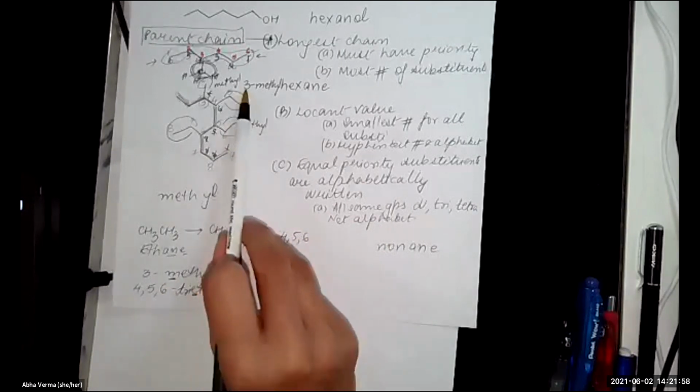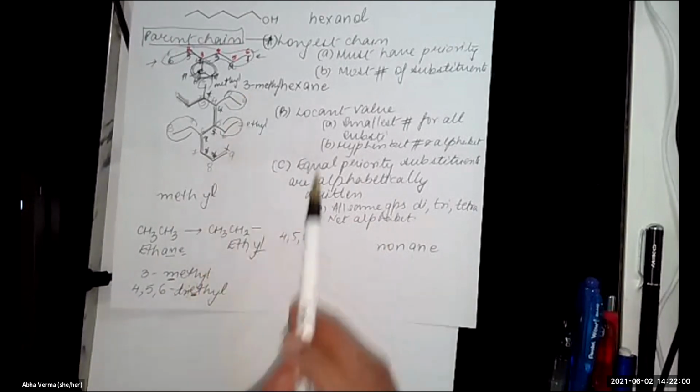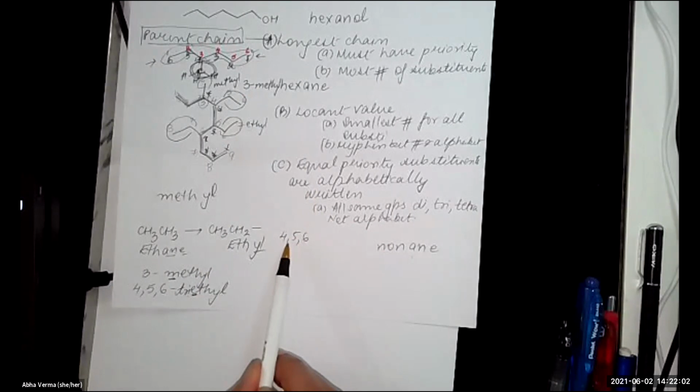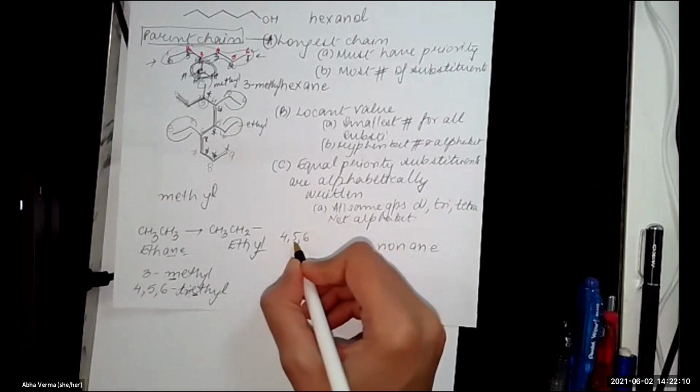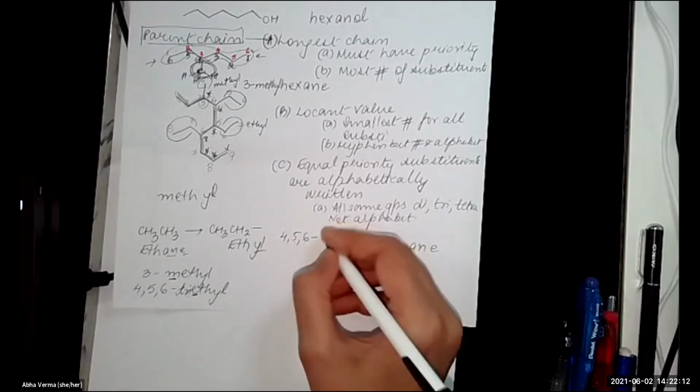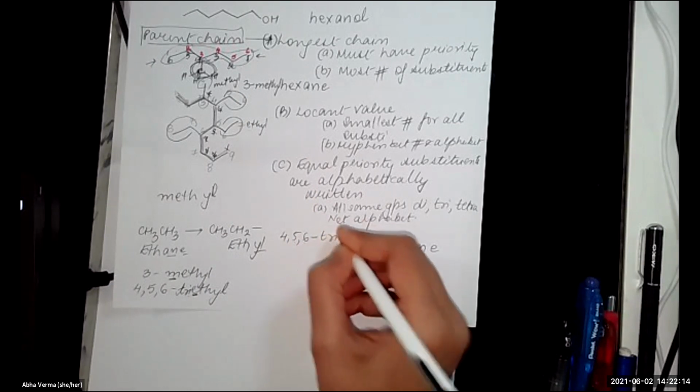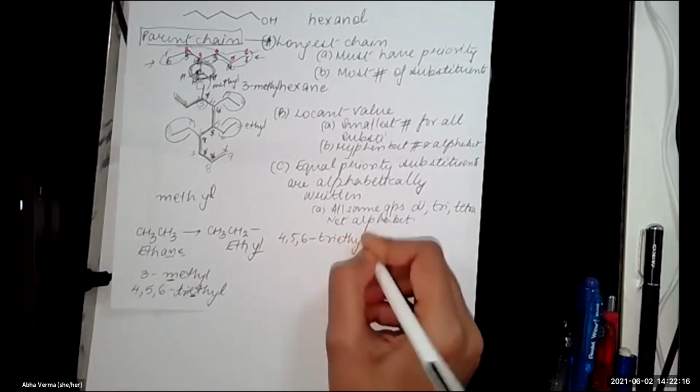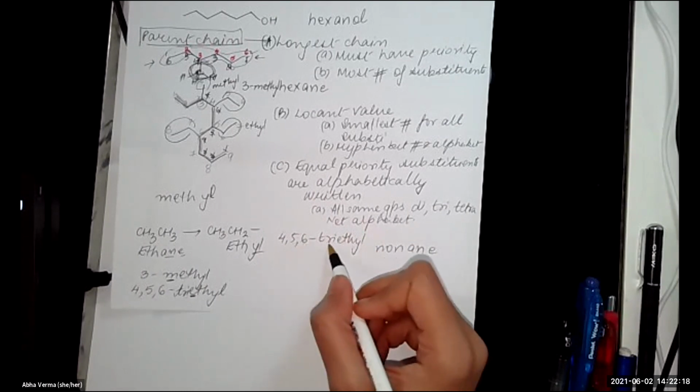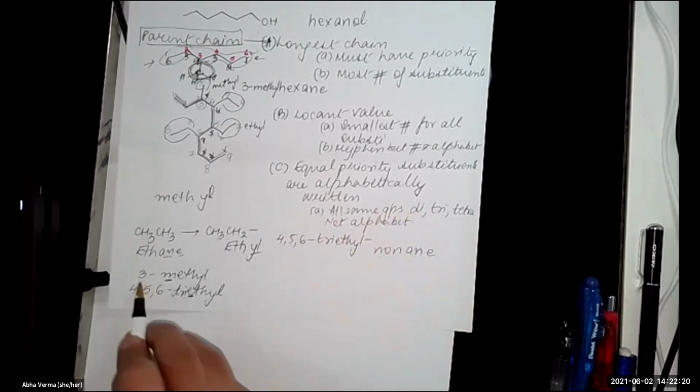Now, just like your numbers and alphabets have a hyphen, all your numbers are separated by a comma. Again, no spaces are needed between them. 4,5,6. Number and alphabet will get a hyphen. 4,5,6-triethyl. Next is 3.